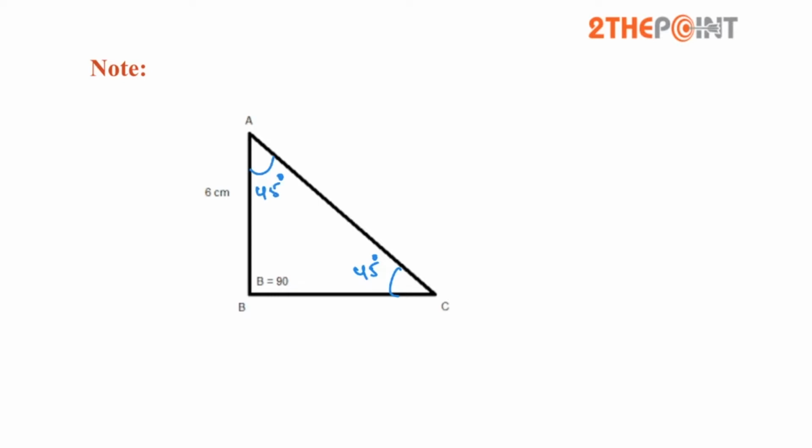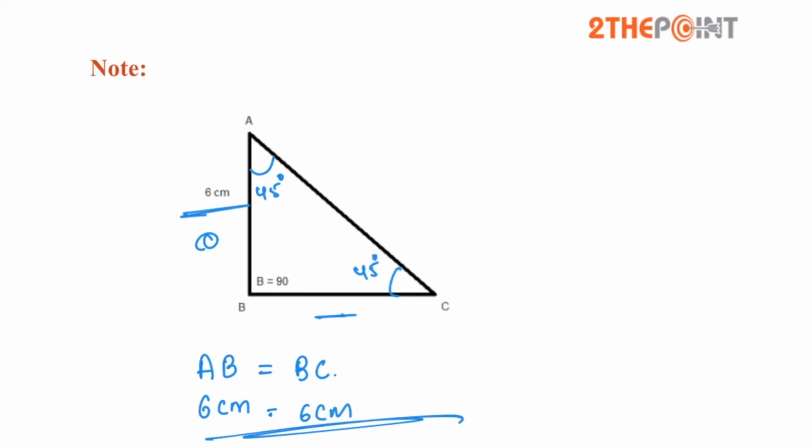If this is the case in a right triangle, if any of the angles is 45 degree, then always the opposite side will be equal to the adjacent side. That is, here AB will be equal to BC. So here AB is 6 centimeter and obviously BC is also equal to 6 centimeter. This condition applies only if the angle is 45 degree.